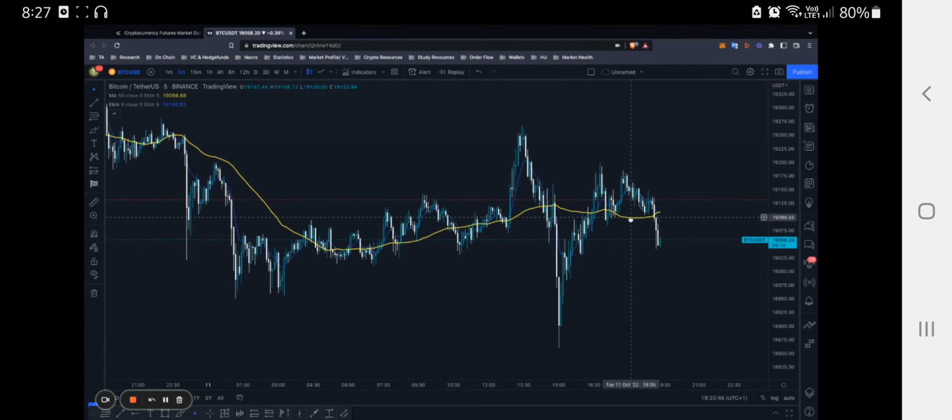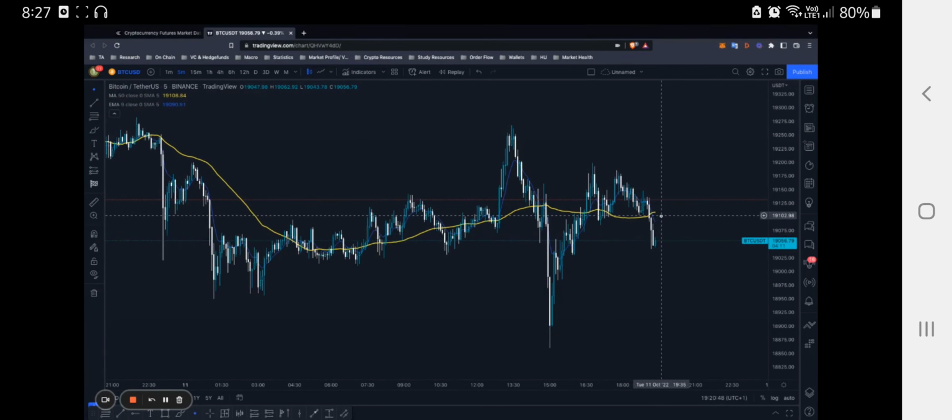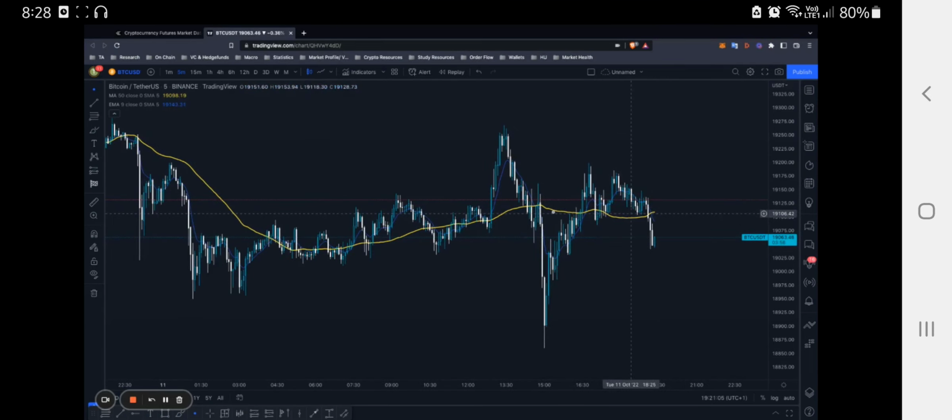So this line that you're looking at is a calculation, we're on the 5 minute, it's a calculation of the last 50 5-minute candles, all added up together and divided by 50. So all the prices of the previous 50 candles added together divided by 50 gives you the 50 period moving average for that particular time frame. And that's the smooth line you see.